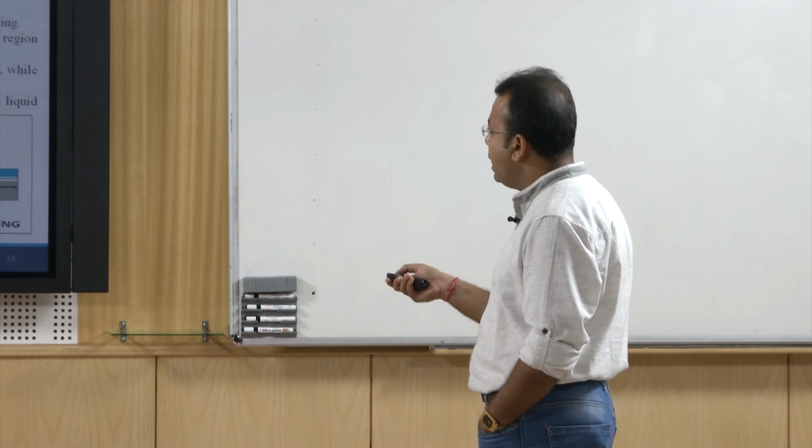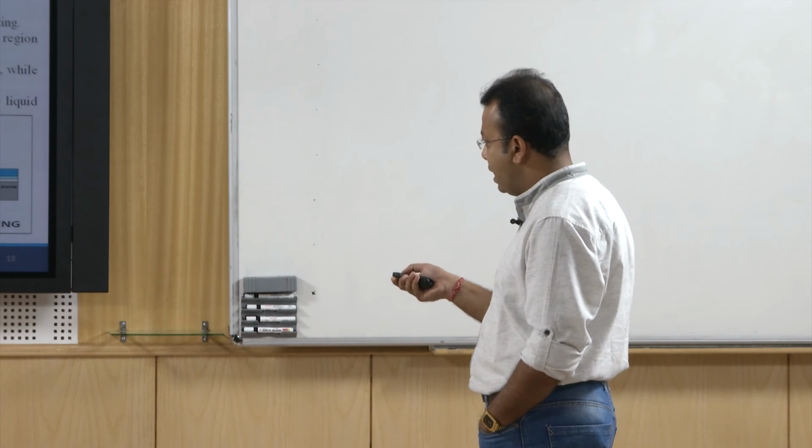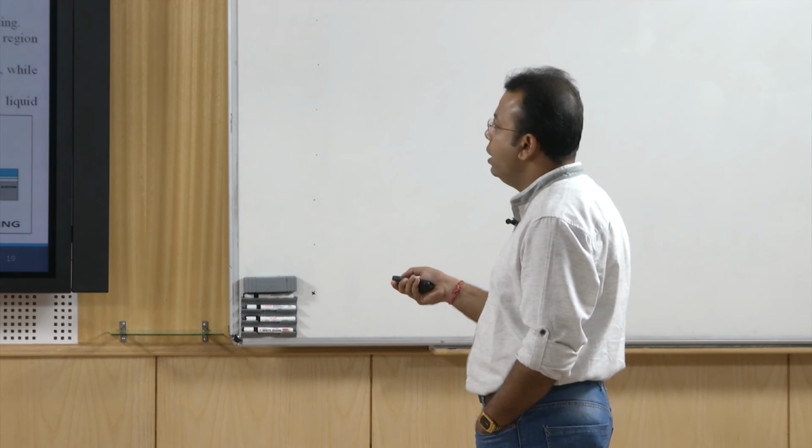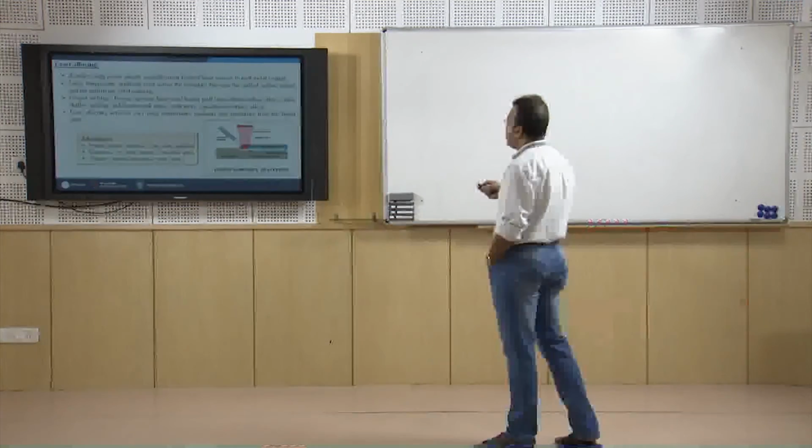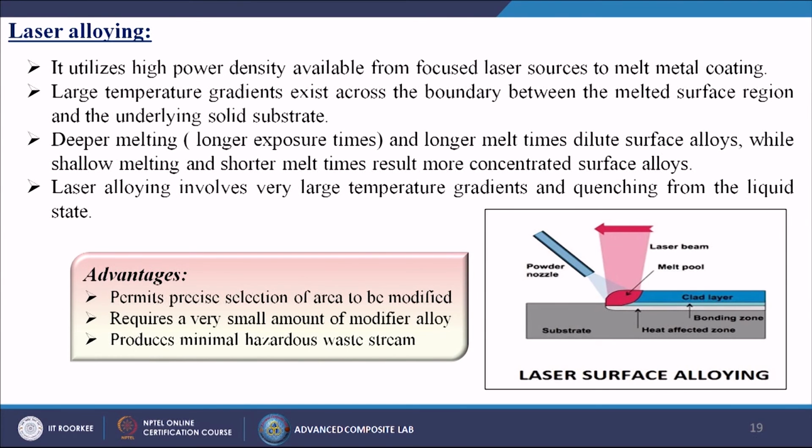Not only that, there should be a bonding between the coating material and your substrate. A large temperature gradient exists across the boundary between the melted surface region and the underlying solid substrate. Deeper melting, longer exposure times and longer melt times dilute surface alloys, while shallow melting and shorter melt times result in more concentrated surface alloys.